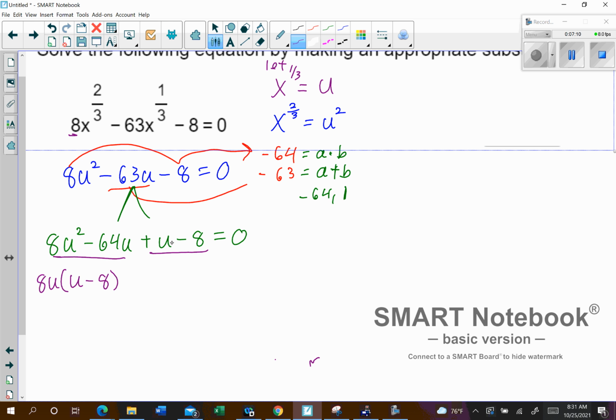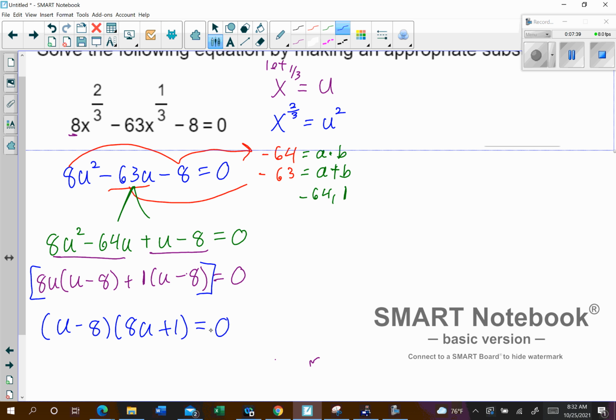And I've already got a u minus 8 here. So just to help me with my next step, I'm going to pull out an understood 1, which doesn't really change anything. Because the next step, we factor out the common factor, which is the u minus 8. So we factor out the u minus 8, and we've got 8u plus 1, and that all equals 0.